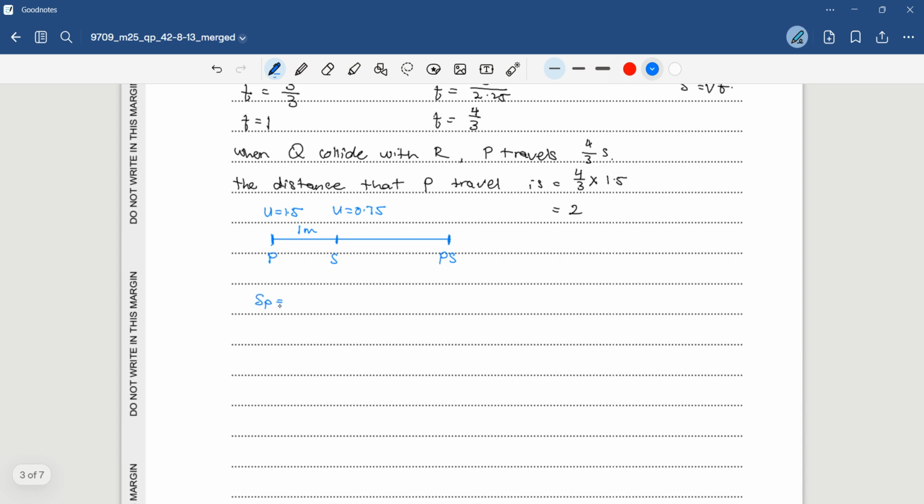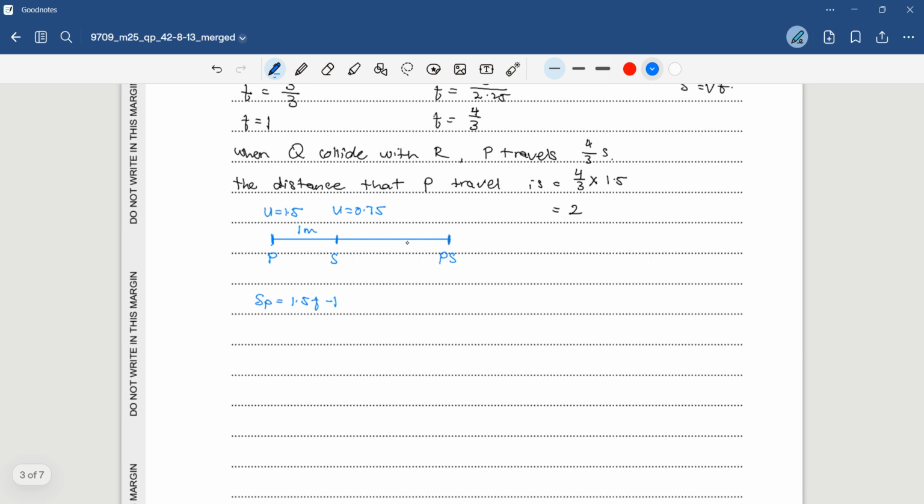The SP, the distance they travel, will be UT. So U is 1.5 T. Okay, and since it is behind this point, I just put -1.